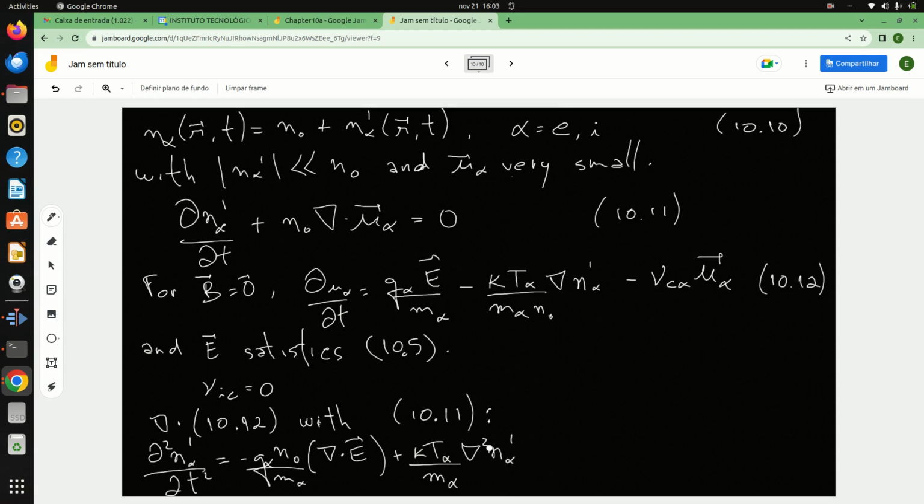Divergence of the gradient will be the Laplacian. Then we have the last term, also with the divergence of u becoming the derivative of n.